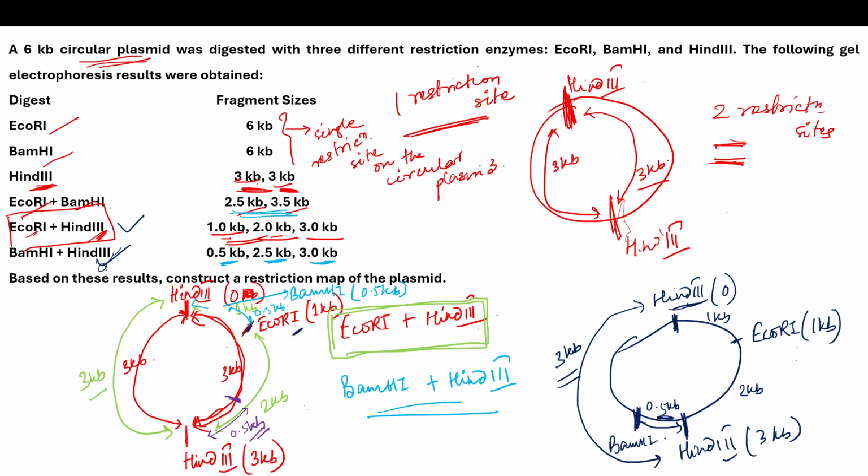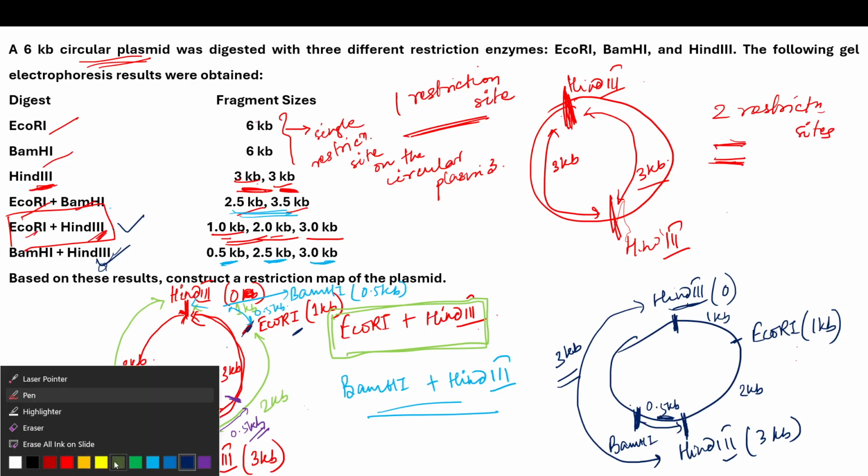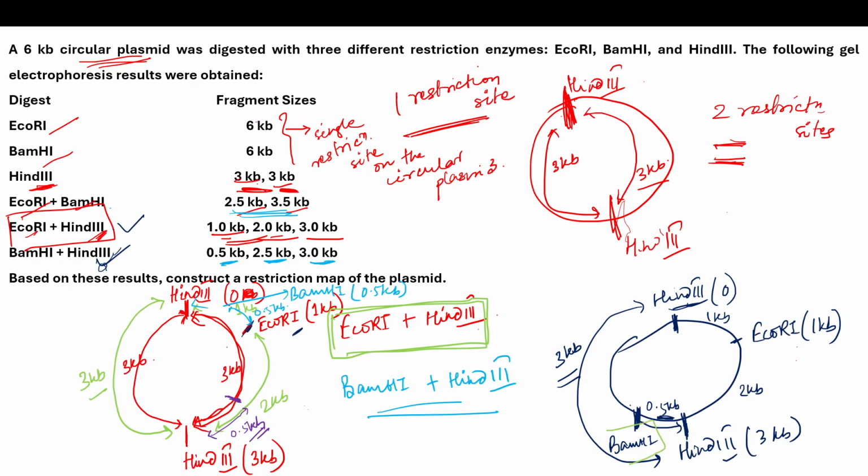then when there's no Hin3, only BamH1 and EcoR1 are being used.